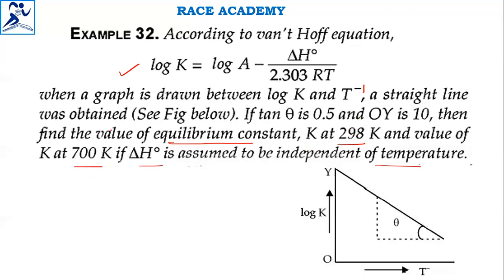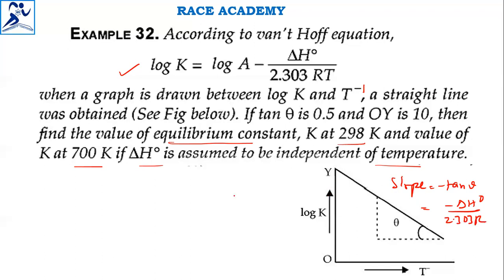In the graphical representation, we got a straight line with a negative slope. That is minus tan theta, that is minus ΔH° by 2.303 R is the slope, right?